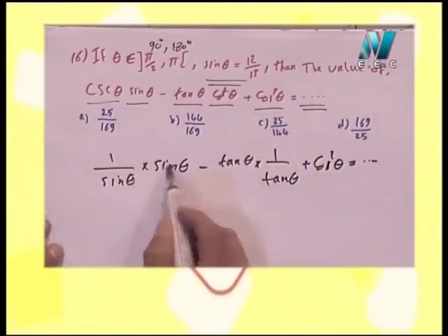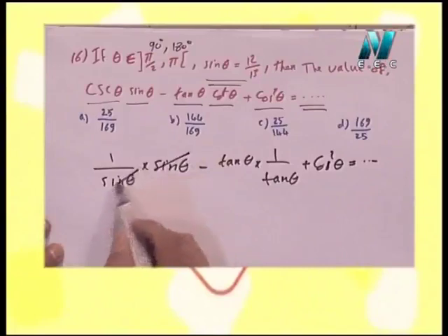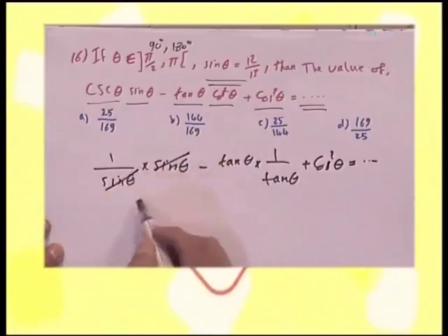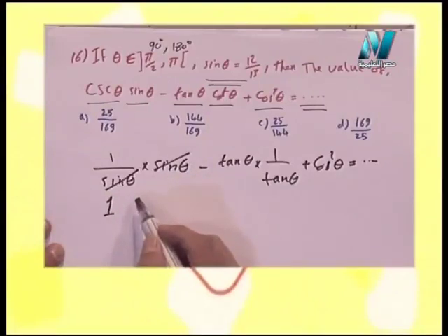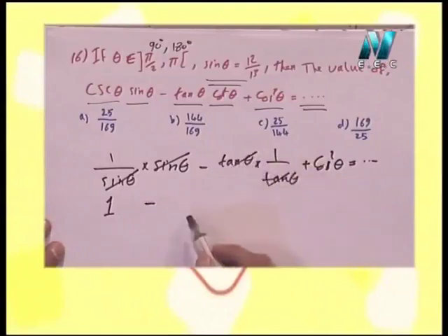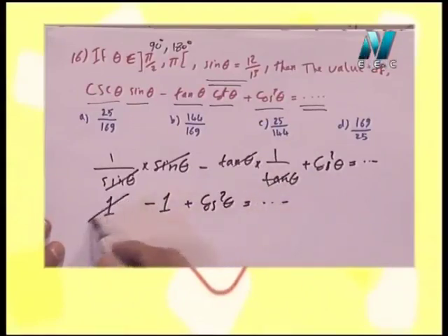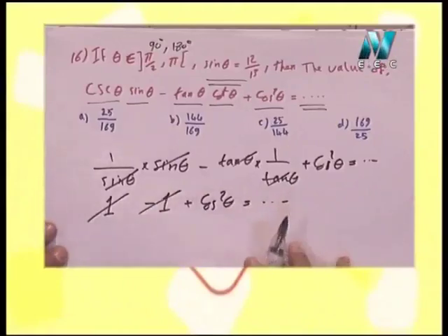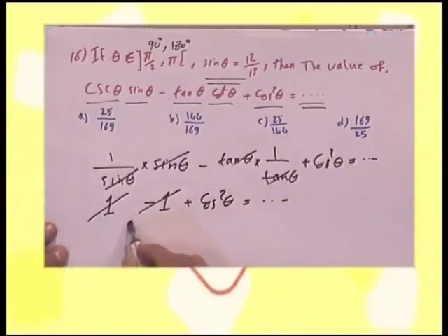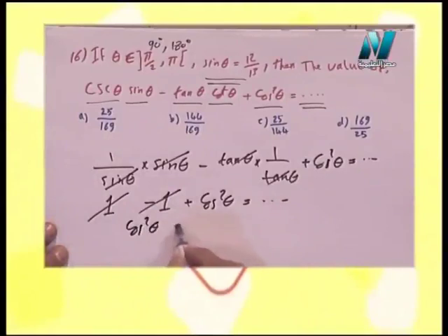We have here sine can cancel with the sine, and the answer will be 1, not 0, because any number divided by itself equals 1, and this one also can be 1, so 1 minus 1 plus cosine power 2 theta equals space. We can cancel 1 with negative 1 and try to find out the result of cosine power 2 theta.